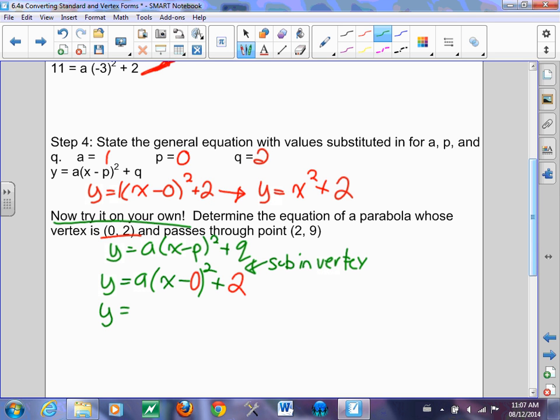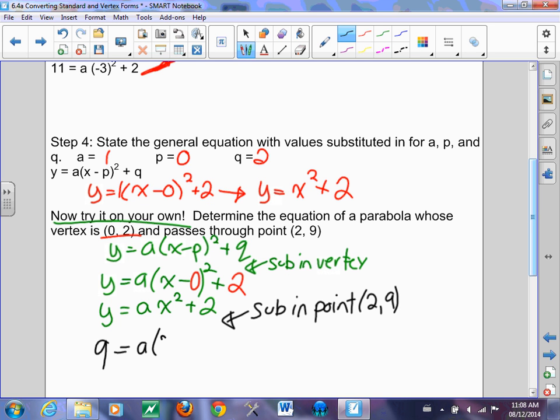I'm just going to simplify this, because x minus 0 is still x squared. So we've got A times x squared plus 2. Now the next step is to sub in the point, which is (2, 9). So instead of y, I'm going to have 9 equals A times 2 squared plus 2.